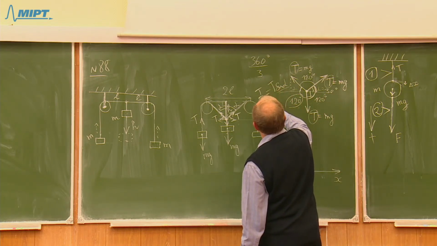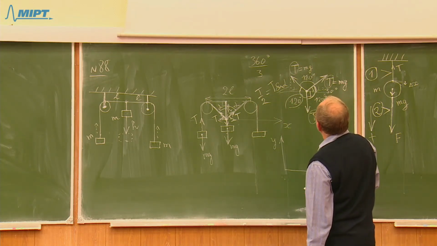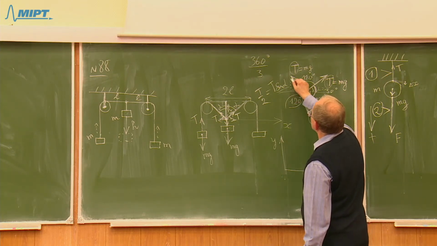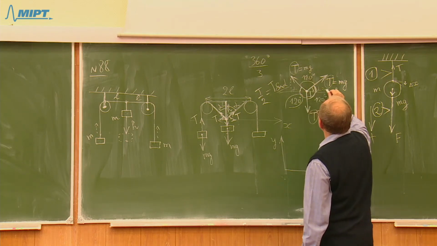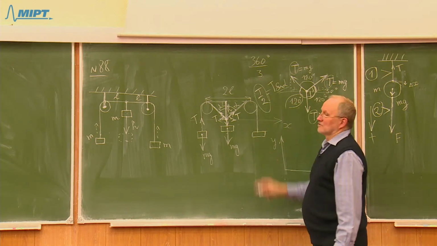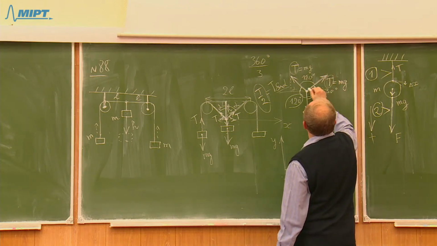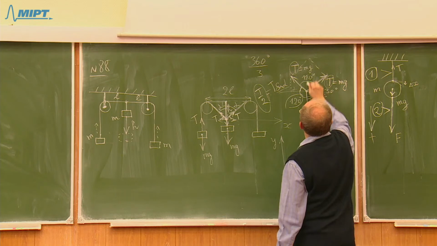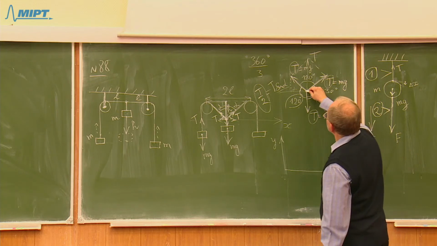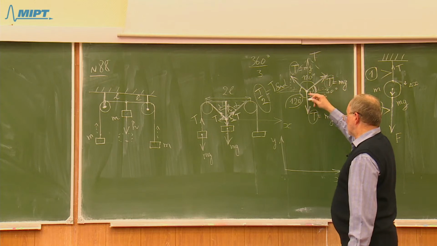This is T divided by 2. And the same here, T divided by 2. And so the vertical component of the first vector plus the vertical component of the second vector will be twice this quantity T/2, which will be T. So the vector sum of these two forces will be directed upward, and it will be equal T, and it will be balanced by this force, which is also T, and so the vector sum of all three forces will be 0.